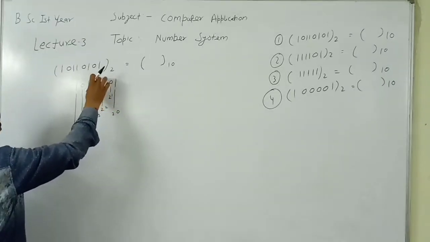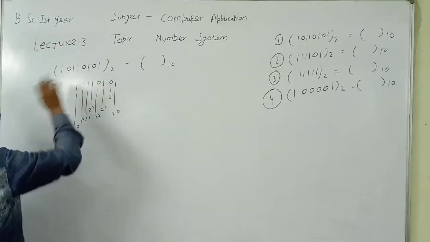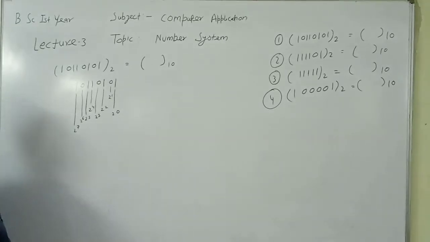So 0, 1, 2, 3, 4, 5, 6, 7. So write down the powers of 2.